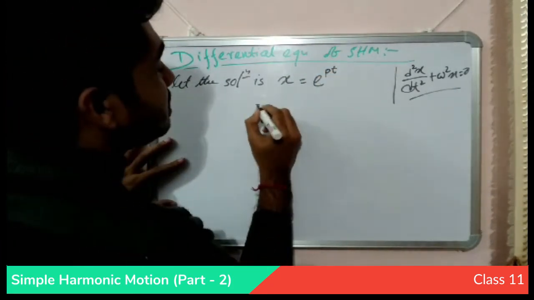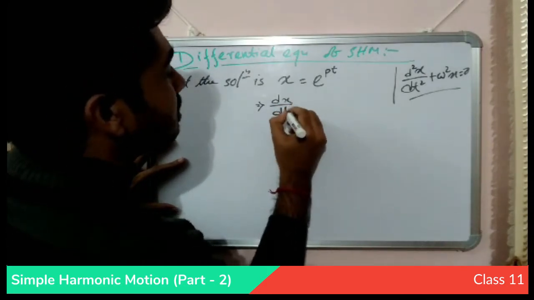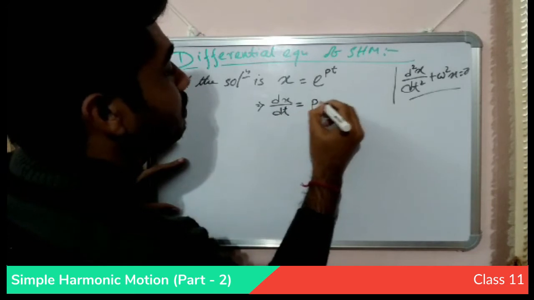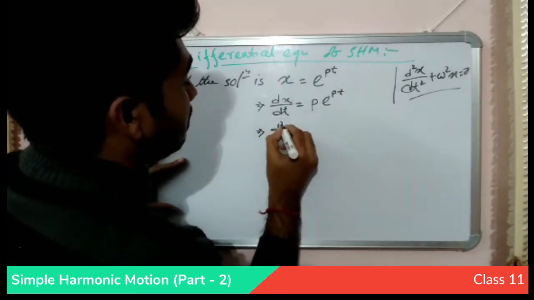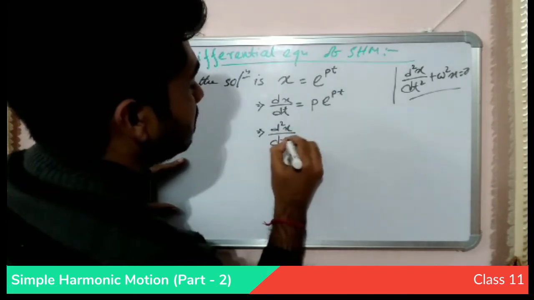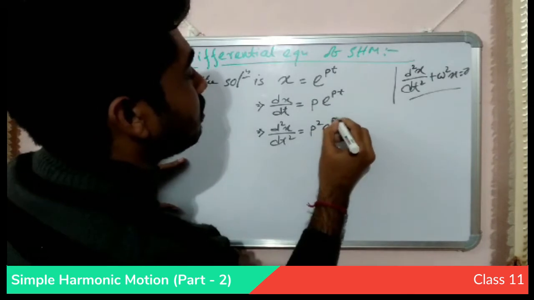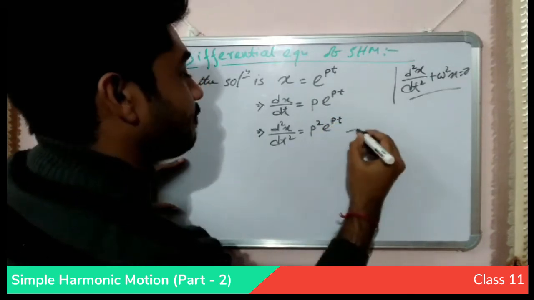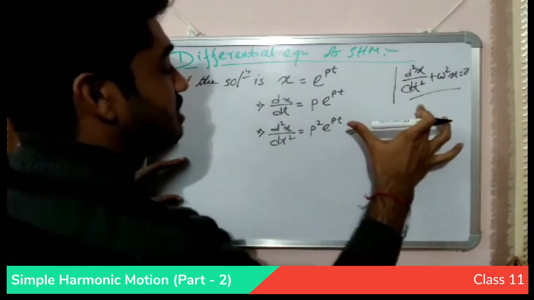So differentiating both sides with respect to t, dx/dt is equal to p e to the power pt, and again d2x/dt2 is equal to p square e to the power pt. Okay, so I will put this into the equation.